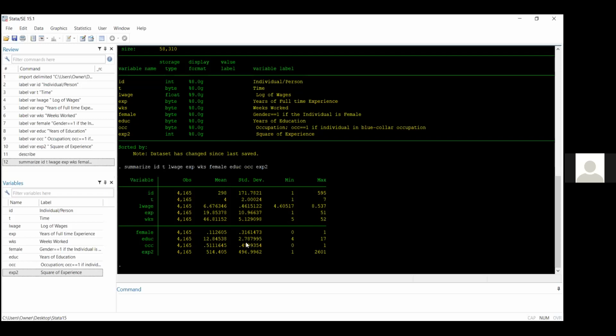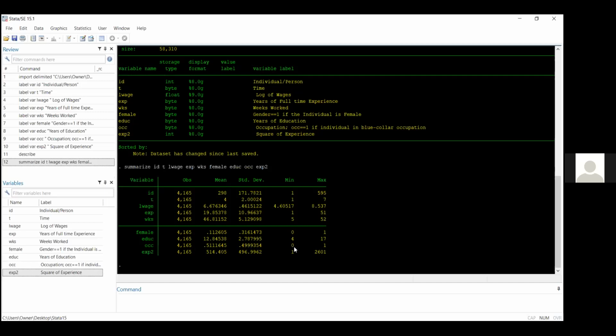So in this sample, the lowest number of years of schooling was 4, and the maximum was 17 years, with an average for this sample of 12 years.